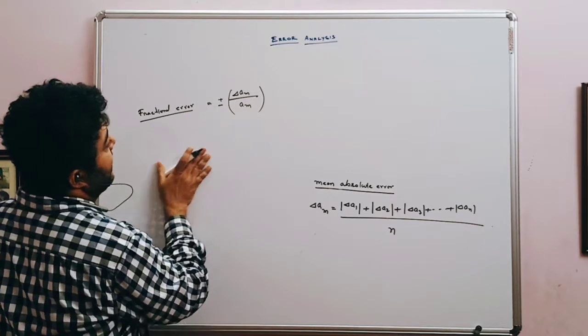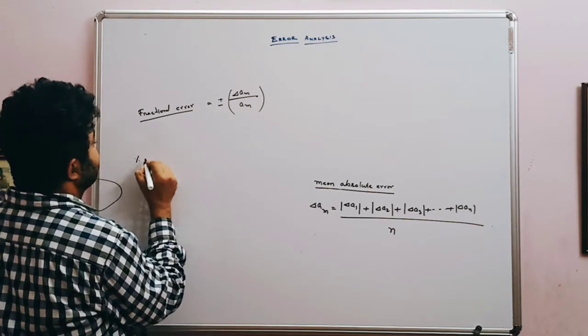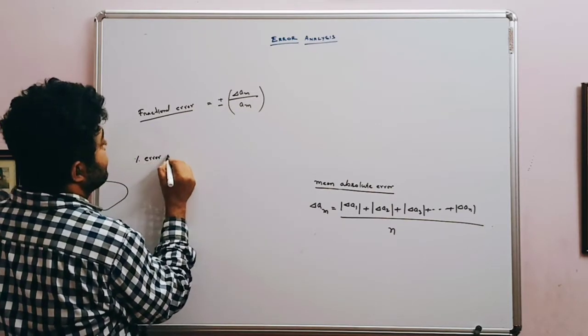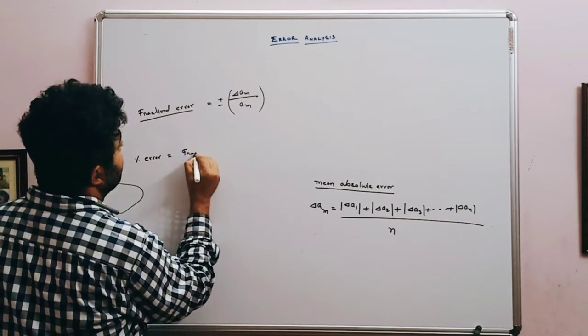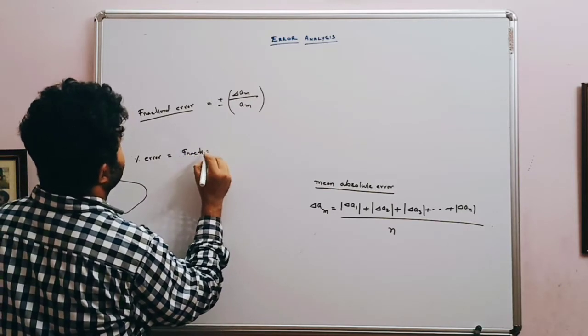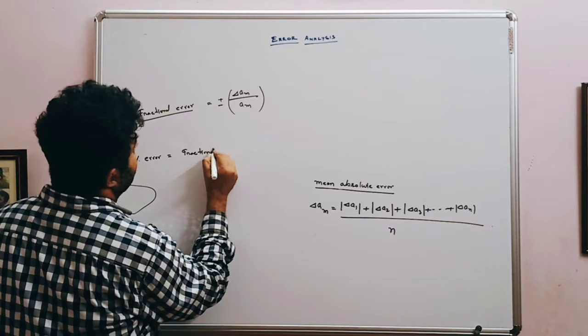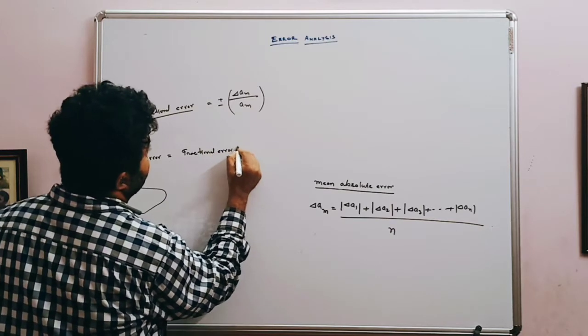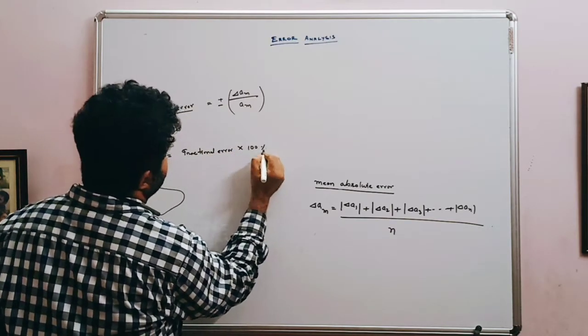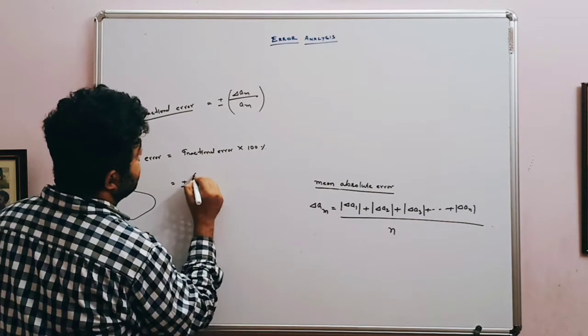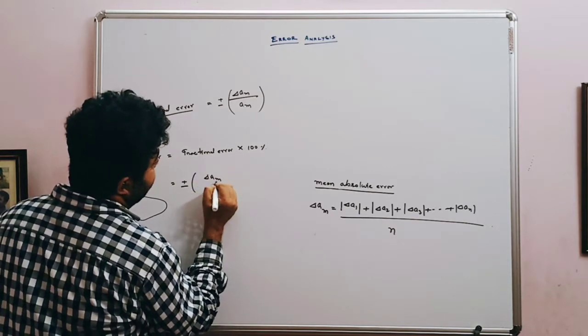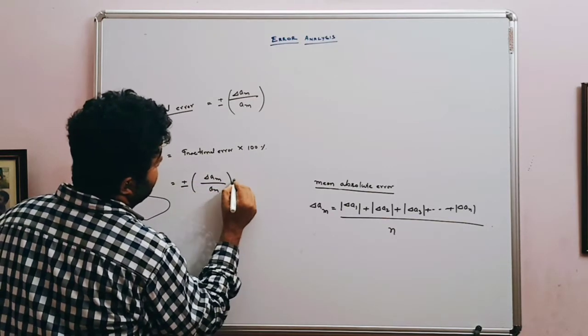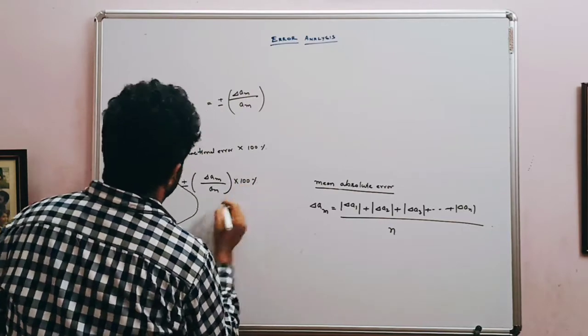And if you multiply it by 100, next is the percentage error. So percentage error is fractional error into 100%. So what you have, plus minus del am by am into 100, is the percentage error.